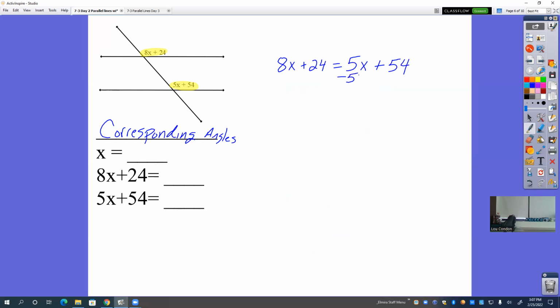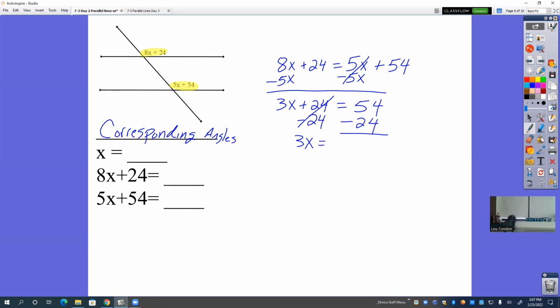Again, cancel out the smaller variable by subtracting. Leaves you with 3x plus 24 equals 54. Cancel out the addition by subtracting 24 from both sides. 3x equals 30. Cancel out the multiplication by dividing both sides by 3. X equals 10.